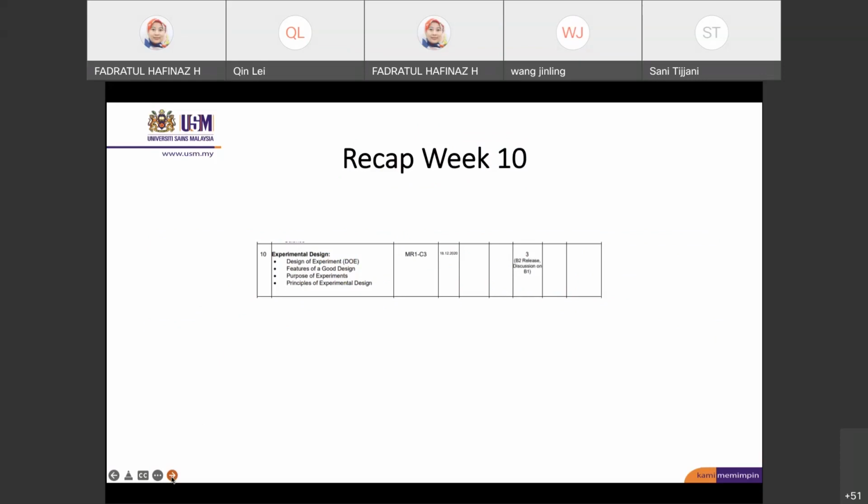Last week, I introduced to you DOE. What is DOE? It's the design of an experiment, which is a conceptual structure for us as researchers to conduct, or in other words, a blueprint for the collection, measurement, and analysis of data in your research study.